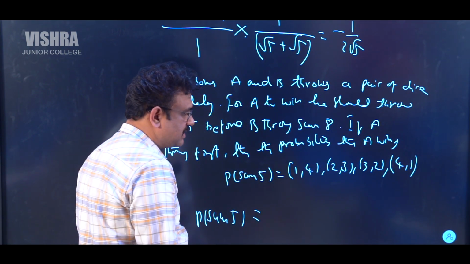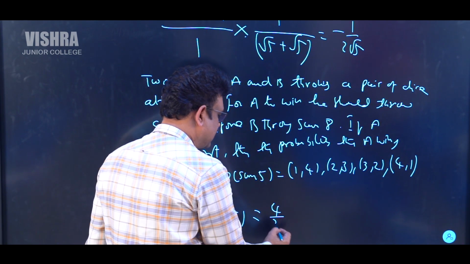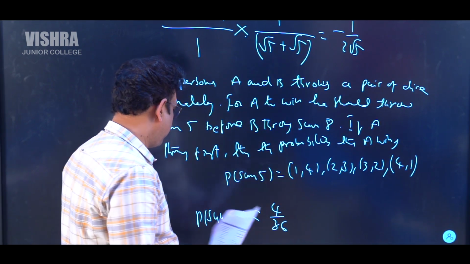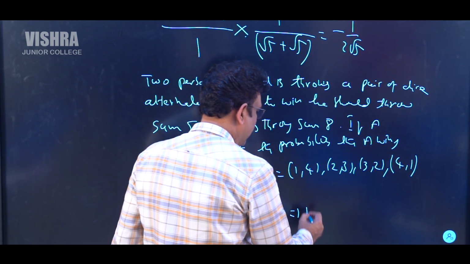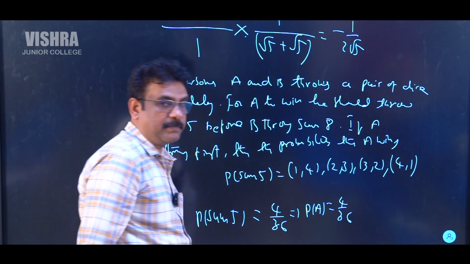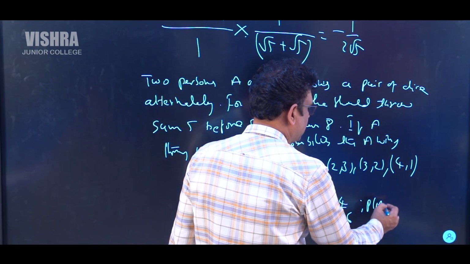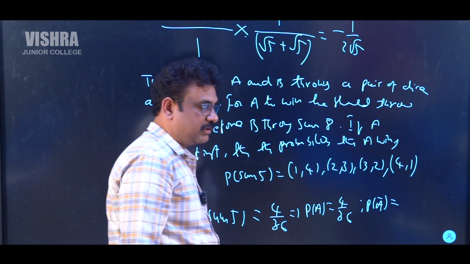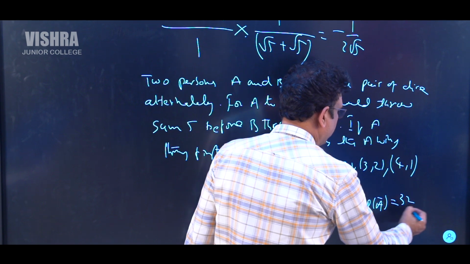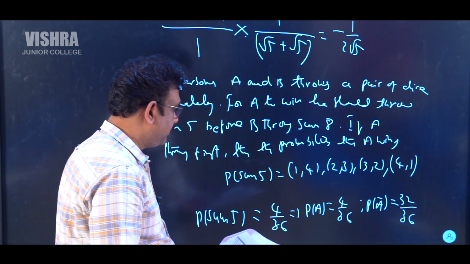So favorable cases are 1, 2, 3, 4: 4 by 36. Probability of sum 5, that is P of A, is equal to 4 by 36. Now P of A bar, not getting sum 5, is equal to 32 by 36.